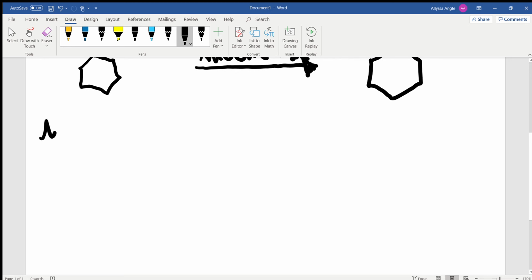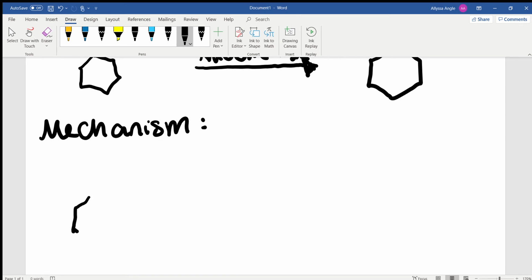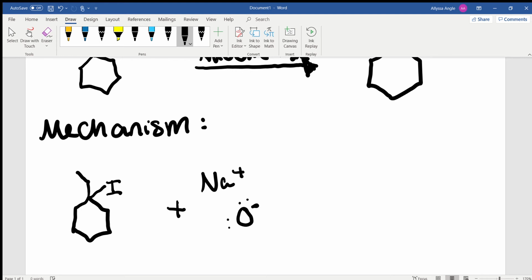And so if we jump into the mechanism here, we see we have that cyclohexane and then we have the Na plus, which is kind of over here. It's not directly bonded, so there is a slightly positive and negative charge.